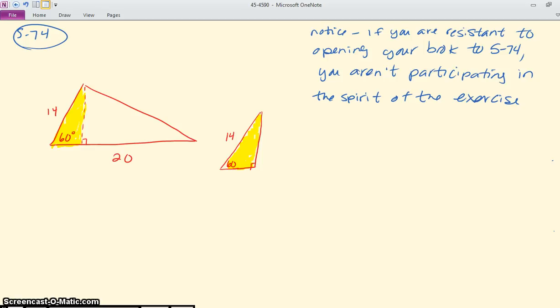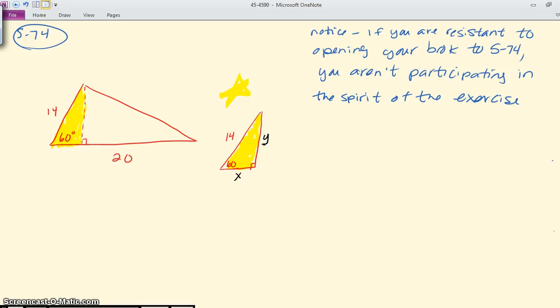So there are some things you can do with this small triangle that will help you with the larger one. So it would be nice to know this value. It would be nice to know this value.